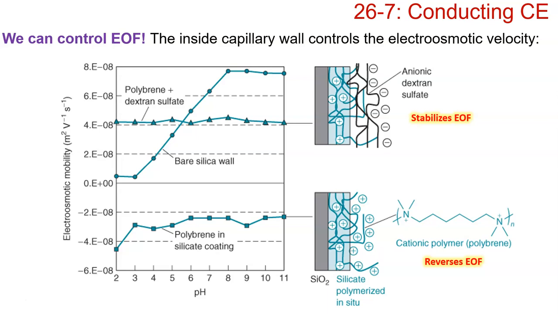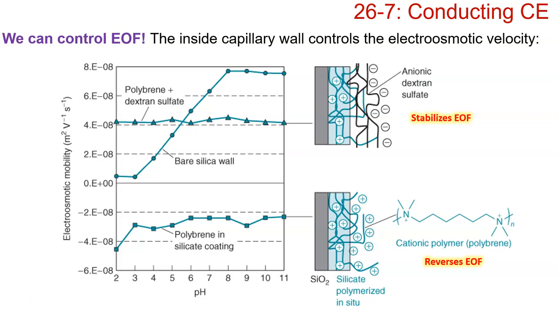We could also stabilize the EOF by adding what's called a negative dextran sulfate, which is basically a fancy way of saying a negative ion soap, which would stick to the walls. So we wouldn't operate under a high pH, so we wouldn't strip the silica off.